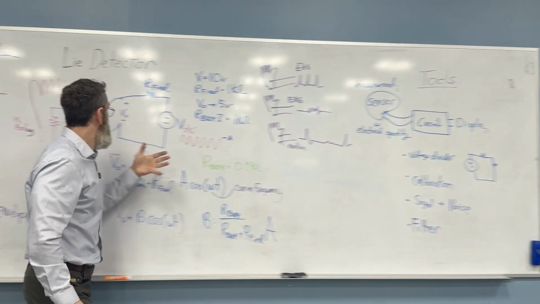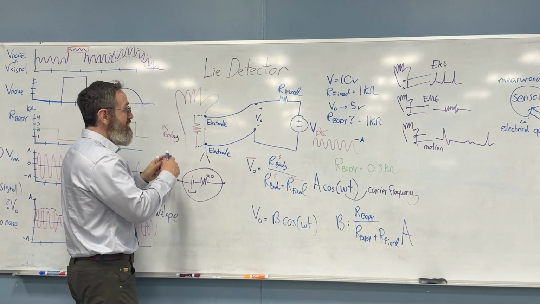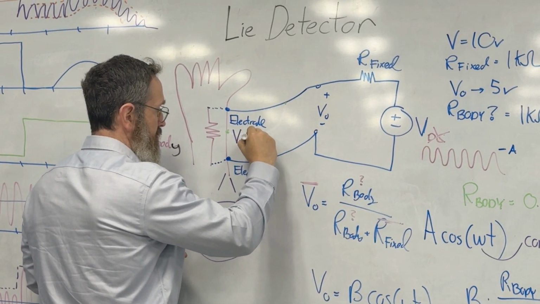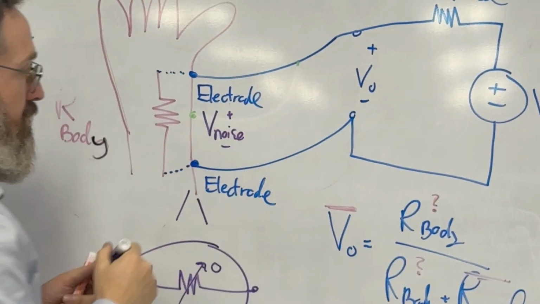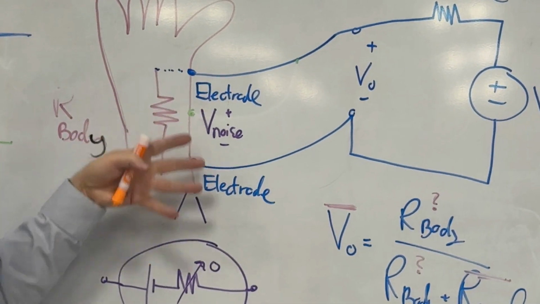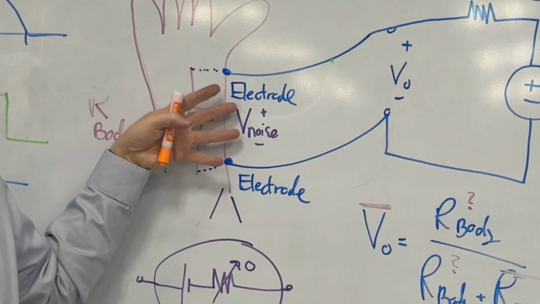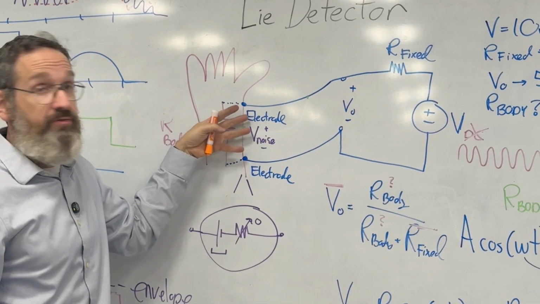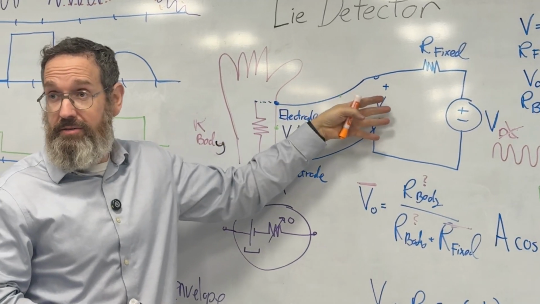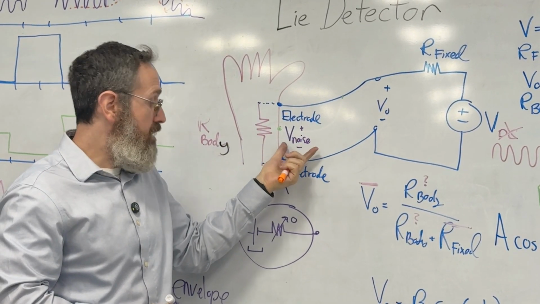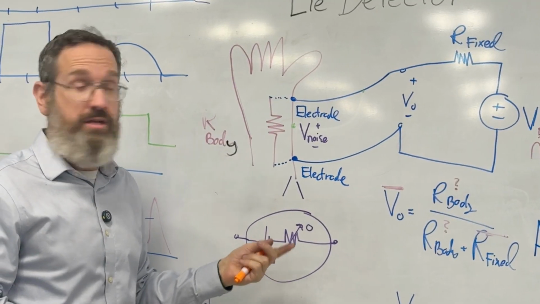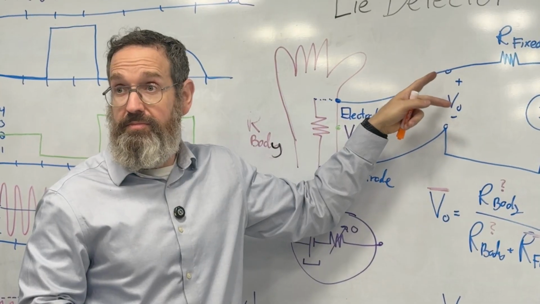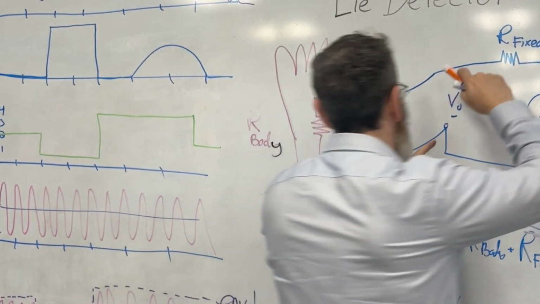And so there is a noise here, right? And that noise, well, this is not the electrode noise, right? This is actually a physiological noise that's coming in. So we have a physiological noise, we have our electrode noise, we have a lot of sources of noise coming in here. We're measuring the voltage here.